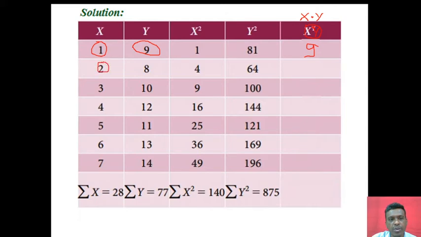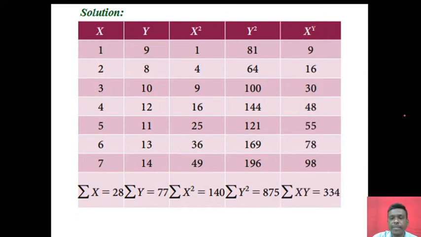Similarly x is here 2, y is here 8, 2 into 8 is 16. X is here, y is here, so 3 into 10 is 30. Okay, and so on. So just write down and add up all xy, you will get summation xy. So summation xy is 34. We have got all these values: summation x, summation y, summation x square, summation y square, and summation xy.